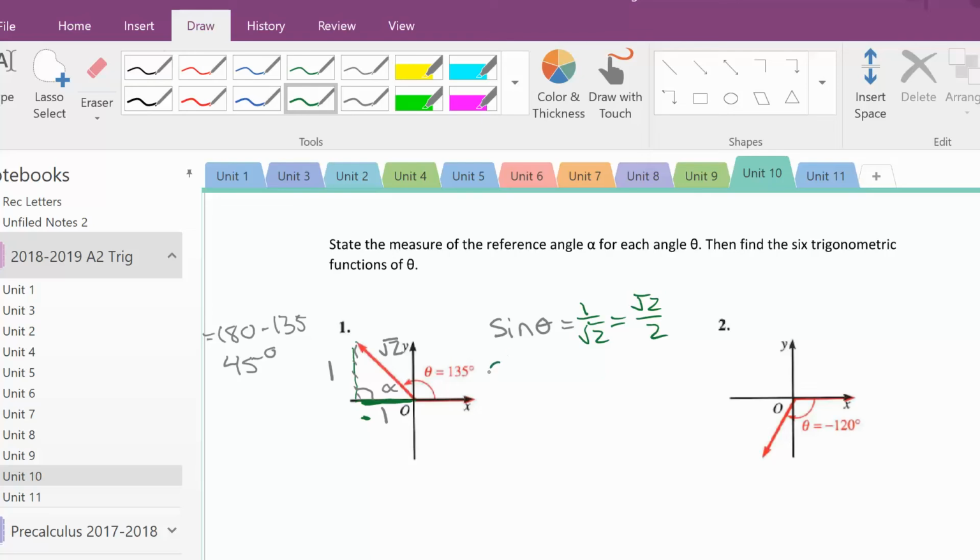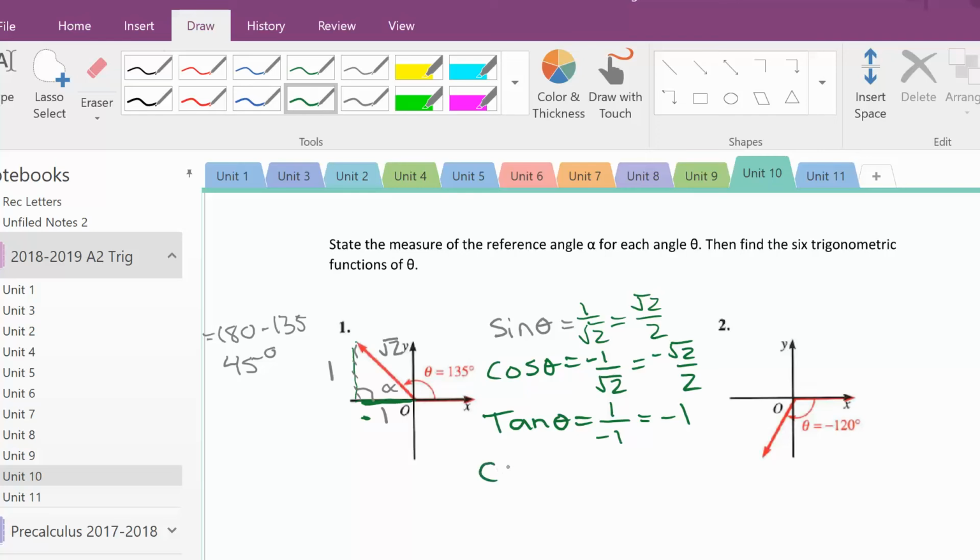The cosine is adjacent over hypotenuse, or in this case -1 over rad 2, which is negative rad 2 over 2. And then the tangent is opposite over adjacent, so it's 1 over -1, which is just -1.